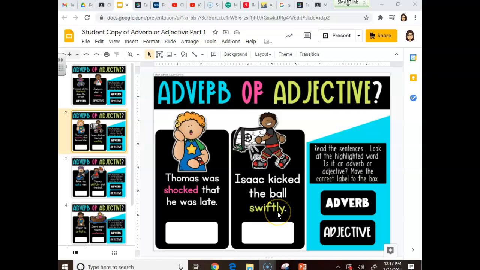If it's an adverb, we're looking for the action. So, kicked. All right, does it answer how, when, or where? All right, how it was kicked. So you think about which one you need, adverb or adjective, and you'll move it in.